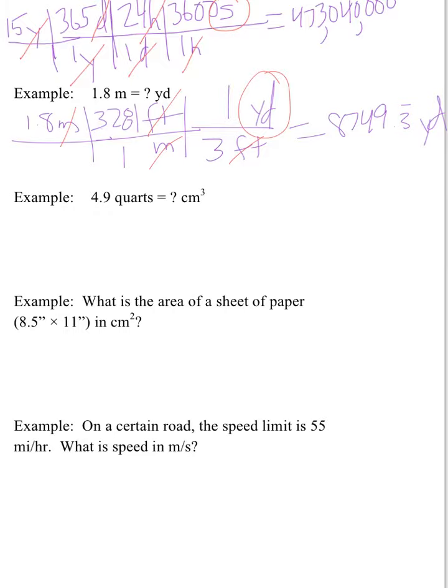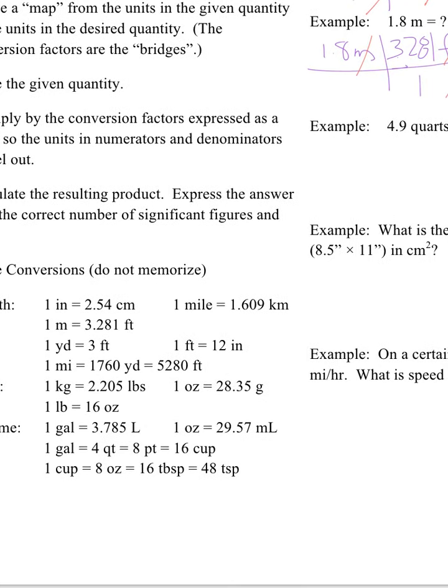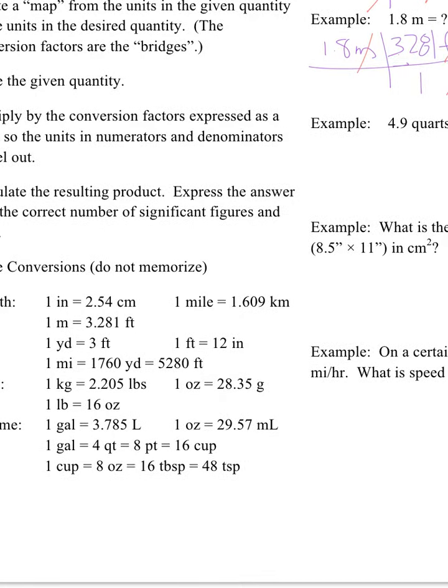4.9 quarts equals how many cubic centimeters? So what do I have over here? Quarts. Interesting. Okay, this is going to be fun. Quarts. The only thing I see here with quarts is this one, gallons, quarts, and pints. Oh, here we go.